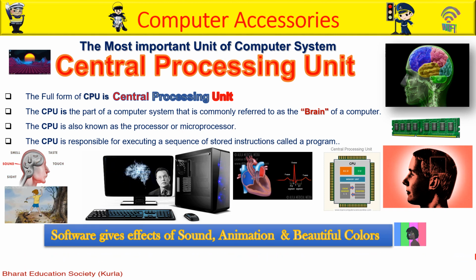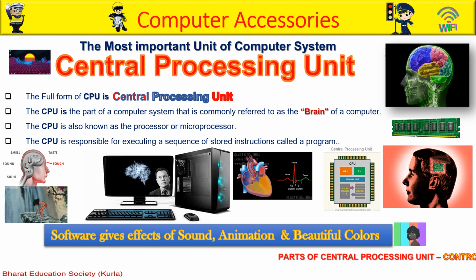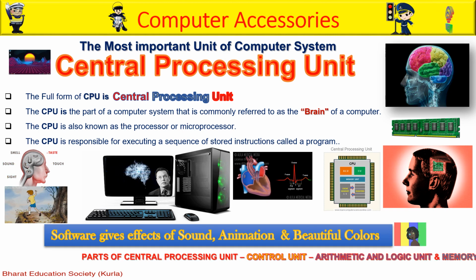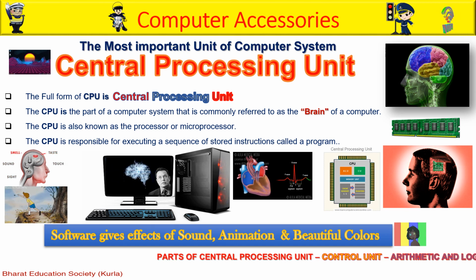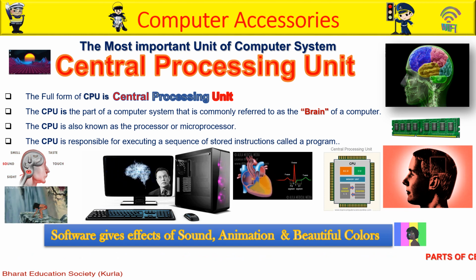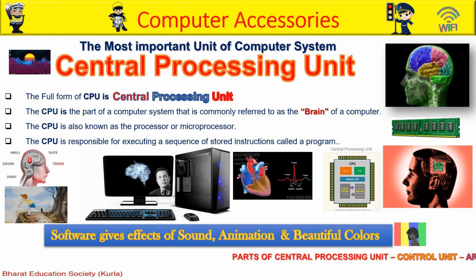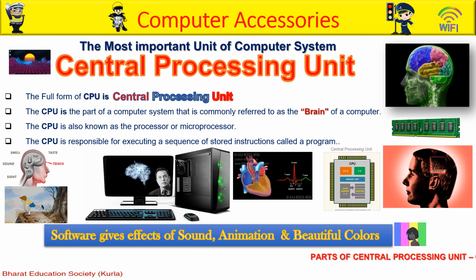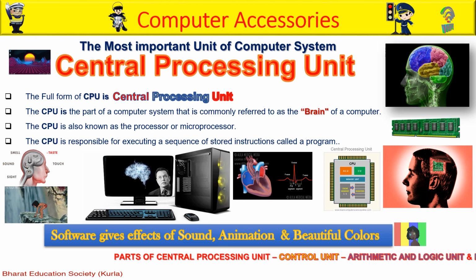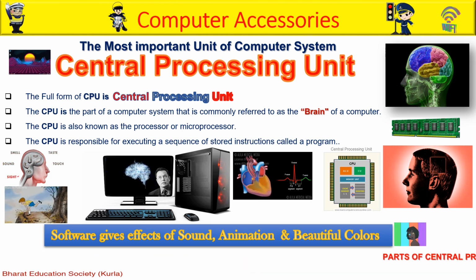Now students, I will explain why the CPU is called such an important part of the computer system. A central processing unit is an important part of every computer. The CPU sends signals to control the other parts of the computer, almost like how a brain controls a body.